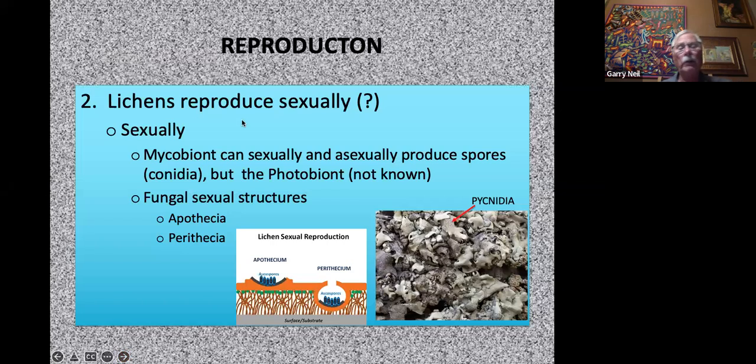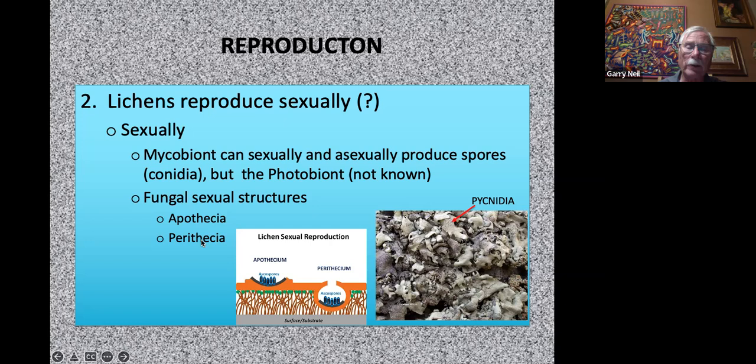All right, so how do lichens reproduce sexually? This is kind of a real strange situation. The mycobiont, or the fungus, can sexually produce spores, but the photobiont doesn't. The sexual structures of the fungus are called either apothecia or perithecia.